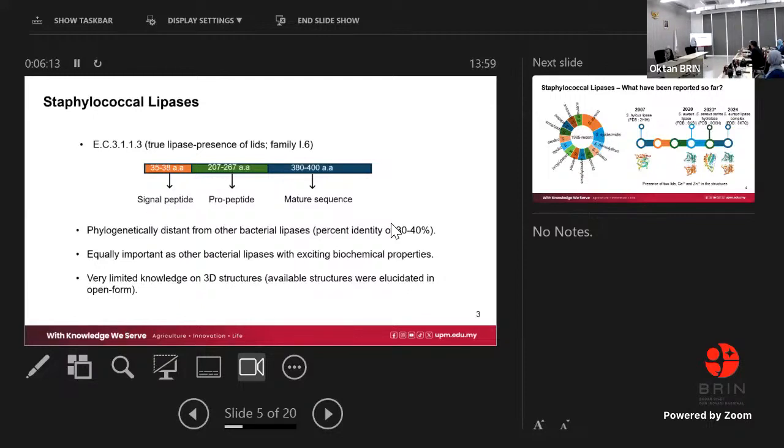But interestingly, the structures that have been solved are in open form. Lipase is known to have a lid, because this is a true lipase. In the case of staphylococcal lipase, the lipases have been solved in the open form, meaning the lid is open for substrate entrance.